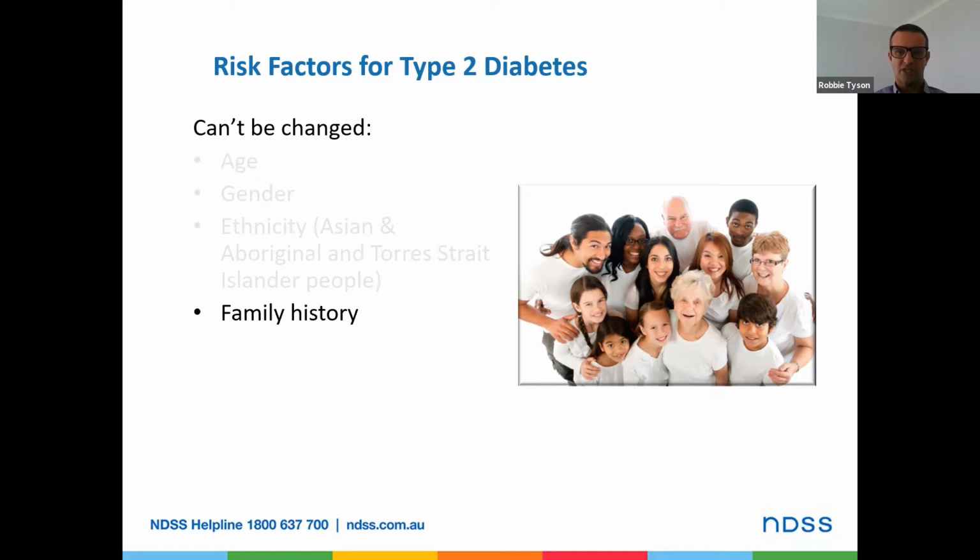Those with a strong family history or direct relative, mother, father, brother, sister, are high risk for type 2 diabetes. And gestational diabetes in a previous pregnancy also increases the risk by about 50% for a future diagnosis of type 2 diabetes. And polycystic ovarian syndrome as well is also a risk for type 2 diabetes.